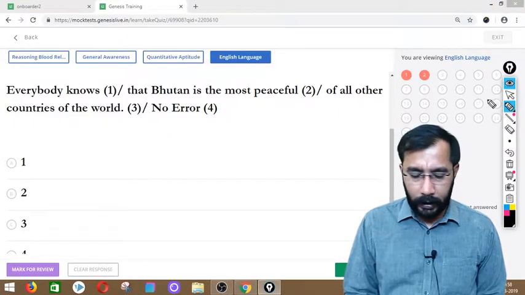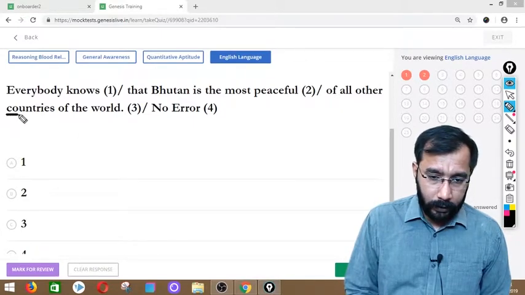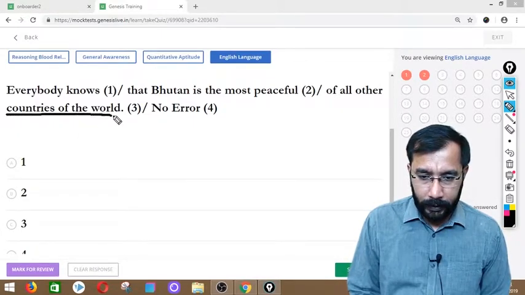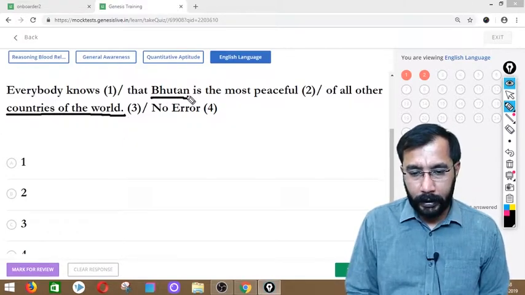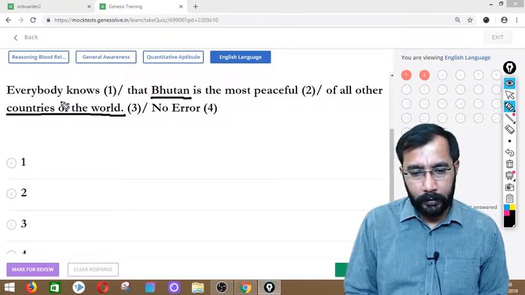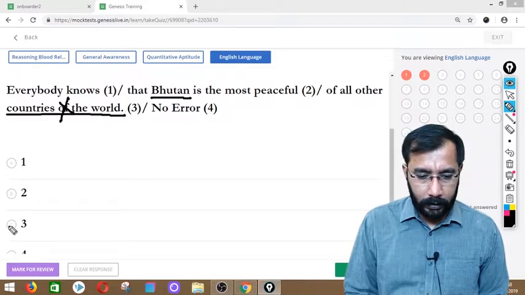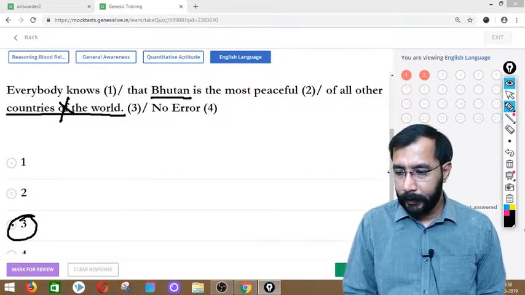All the countries are in the world and not of the world. Since they're speaking about a specific country called Bhutan, which is on Earth, all these countries are in the world and not of the world. So the option you need to choose over here is 3. You'll have to choose option number 3.